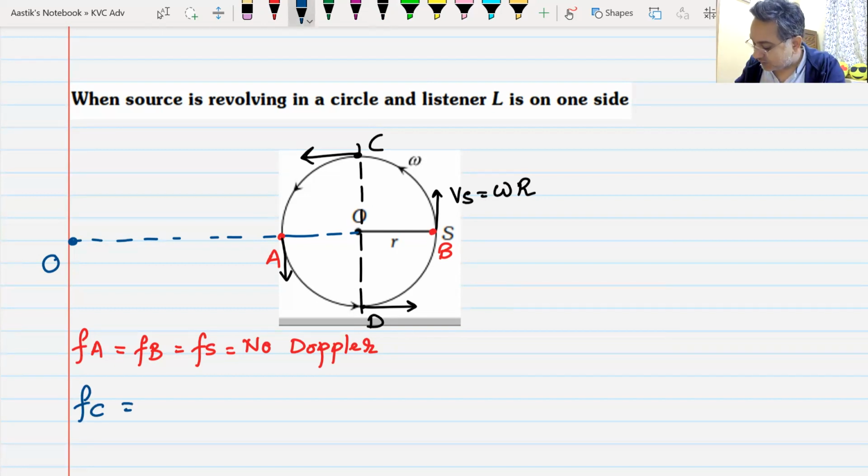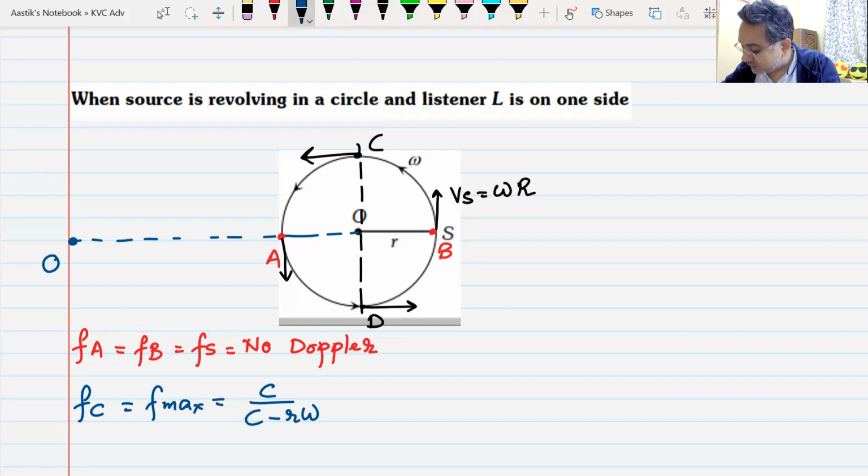At point C he will hear maximum frequency, because the source will be coming directly towards him. And the formula will be C upon C minus R omega into Fs.